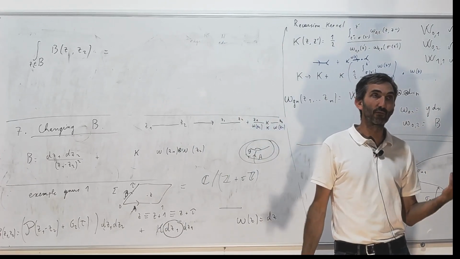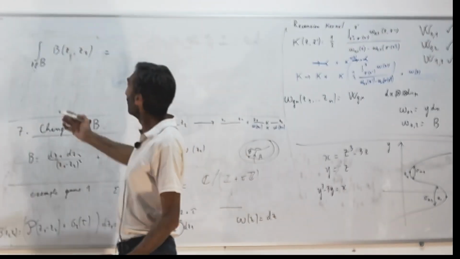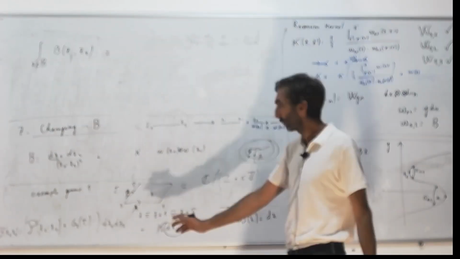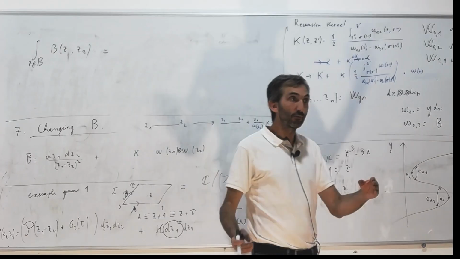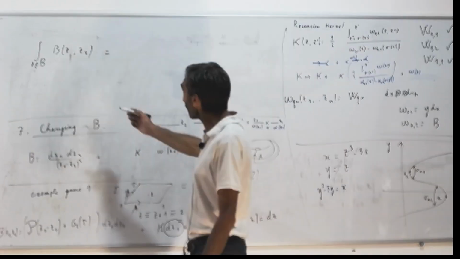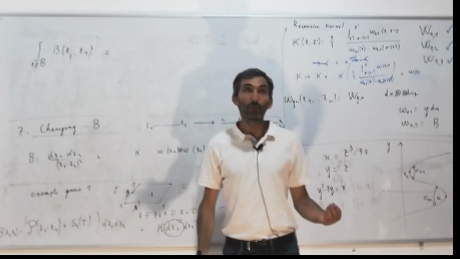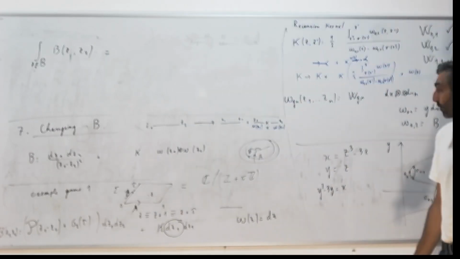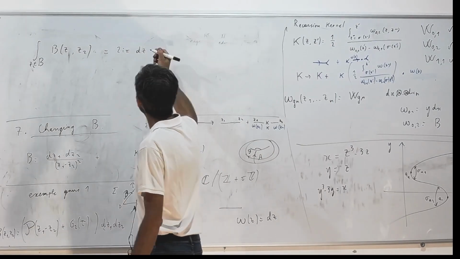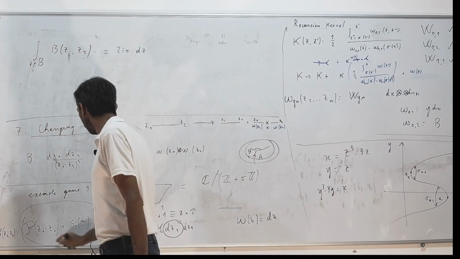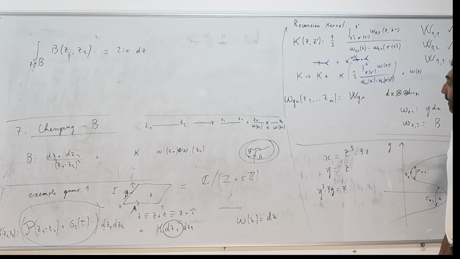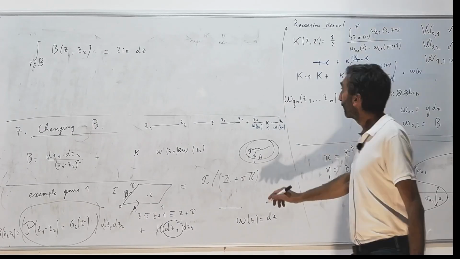If there was a simple pole, since B has a pole, if it had a residue, it would make a difference. But B has no residue. The Weierstrass function has no residue, so basically you get the same value whether you compute it from the right or from the left. Just to say that the result of this is a one form in the variable z that will be holomorphic everywhere. So it has to be proportional to dz. And in fact, if you compute it, it is 2 pi i dz with this B. So it is 2 pi times our omega.